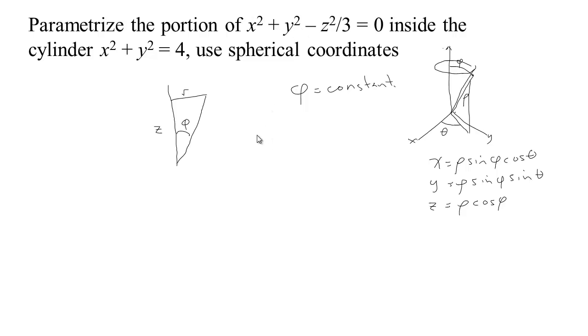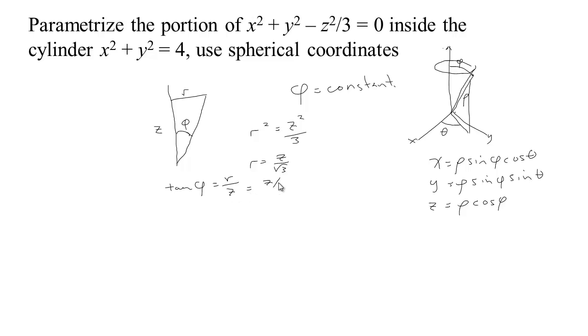But what we know from our equation is that r squared equals z squared over 3. So that means that if we just take the positive value, r is z over the square root of 3. Now, the tangent of phi would be the opposite over the adjacent, which would be r over z.